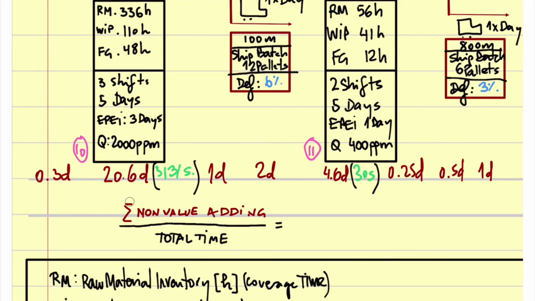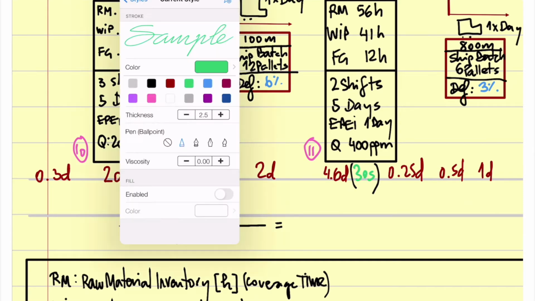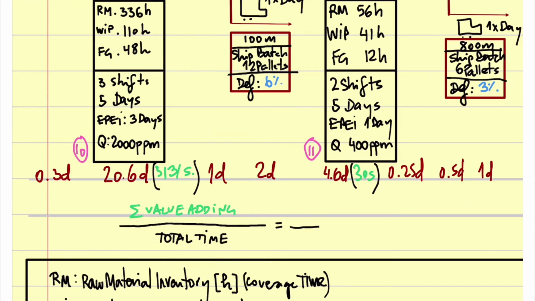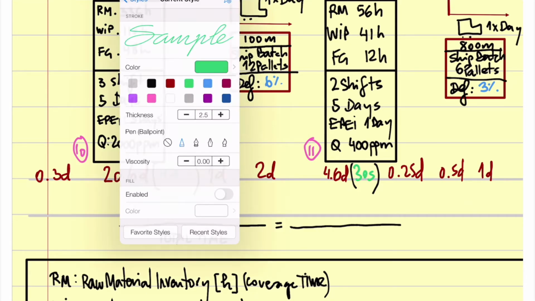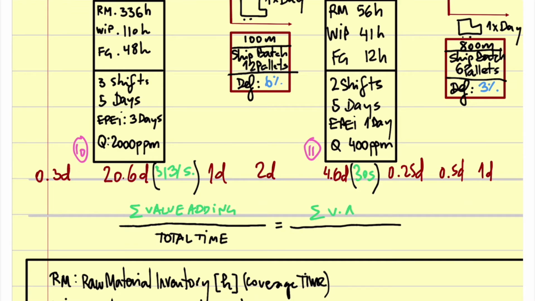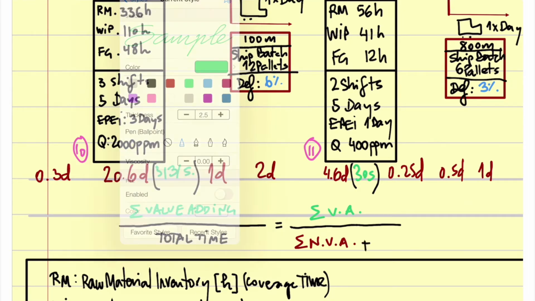Or better said, you can measure this in different ways, but the sum of value adding activity or time divided by the total time equals the sum of value adding divided by the sum of non-value adding plus sum of value adding.